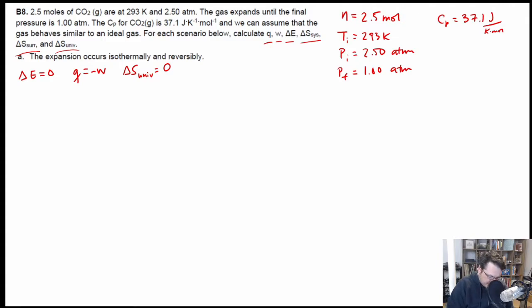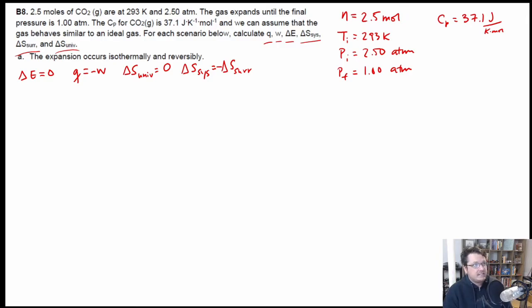Based on that, delta S of the system is going to be equal to negative delta S of the surroundings. So again, all we have to do is calculate one of those, and figure out the other by multiplying by -1.